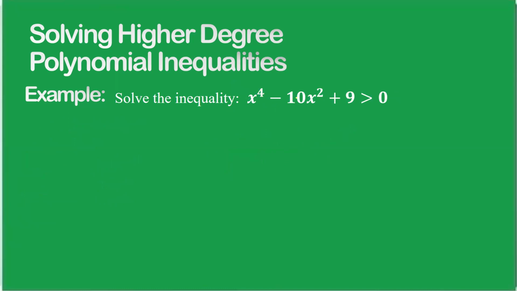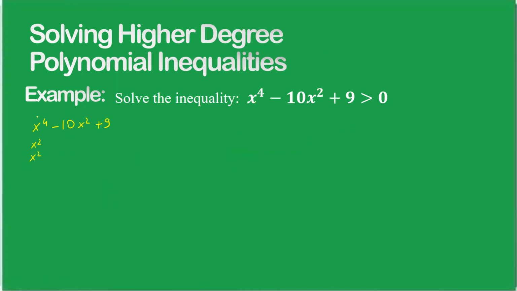x to the 4 minus 10x squared plus 9. Interesting. How can we solve this one? Actually, you may change this term with t squared. But anyway, let me write x to the 4 minus 10x squared plus 9. Let me write here x squared and x squared.